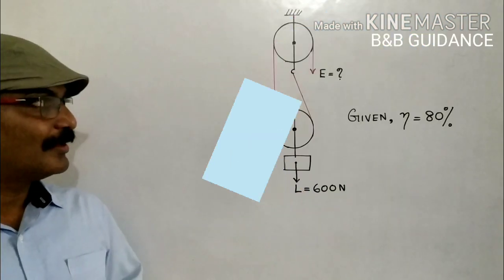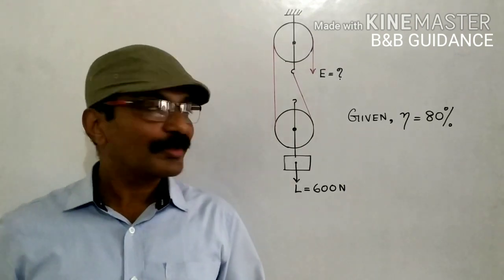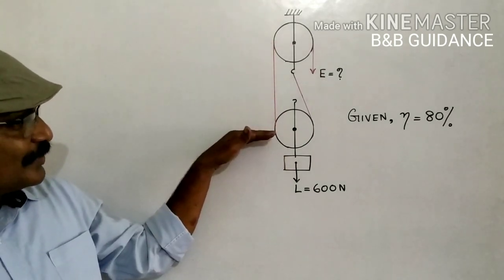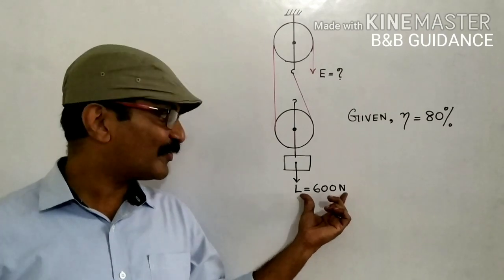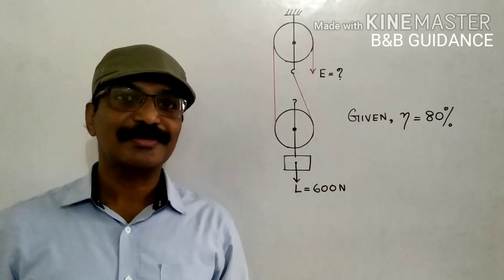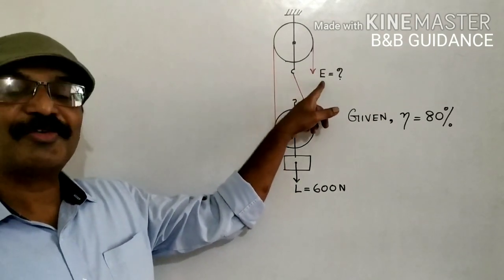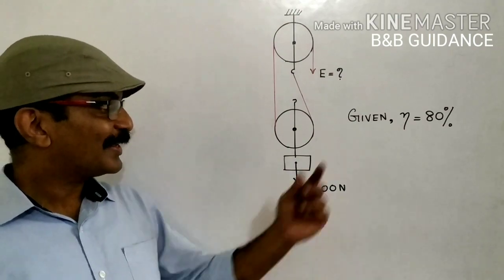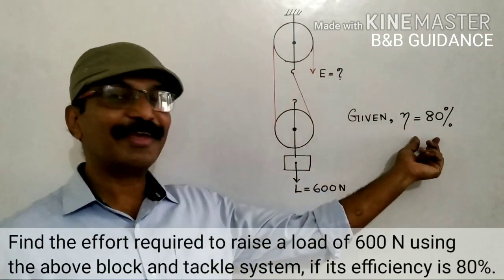Yes, here one more question for you. A block and tackle system is used to raise a load of 600 Newton. The question is what be the effort? You have to find the value of effort. They have given that efficiency of the block and tackle system is 80%.